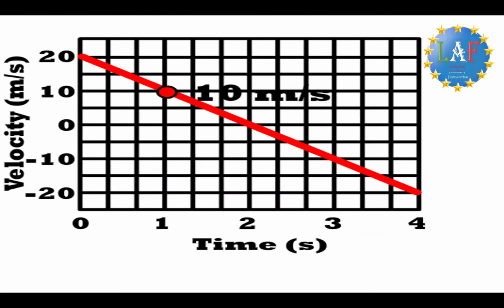Velocity negative 20 means that it's going back. So the difference is 40. So 40 divided by 4 is 10. So it's negative 10 meters per second squared. That's deceleration.